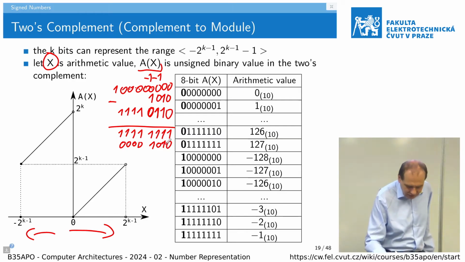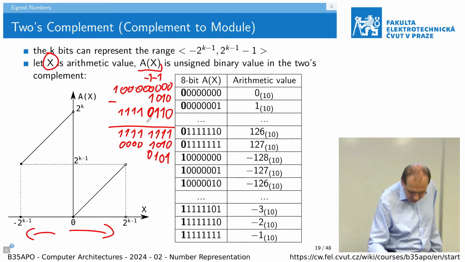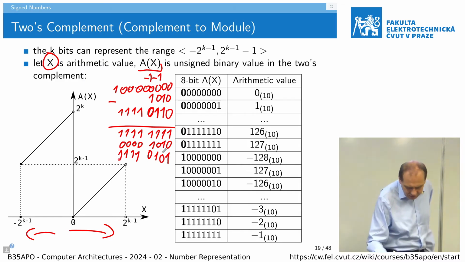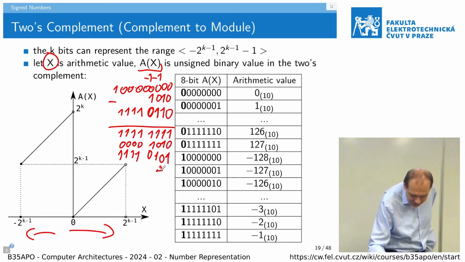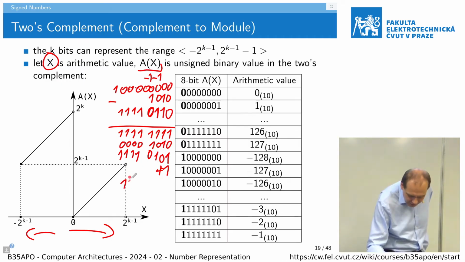When we subtract this, in fact it is the bit complement, so we get 1, 1, 1, 1, 0, 1, 0, 1, and now we need to add the 1. So now I add that 1, like from 999 to get to 1000. It is the same. So basically it is 1, 1, 1, 1, 0, 1, 1, 0.